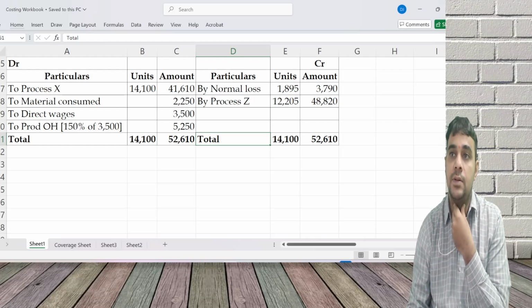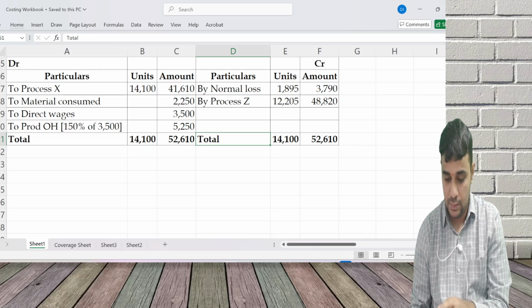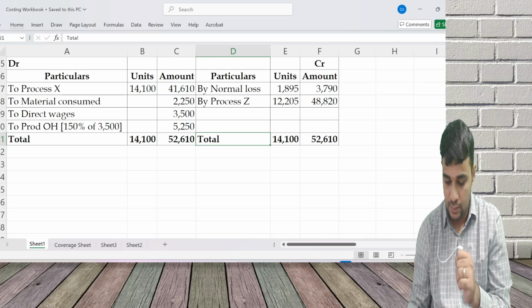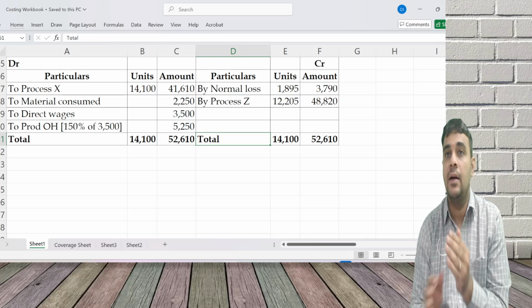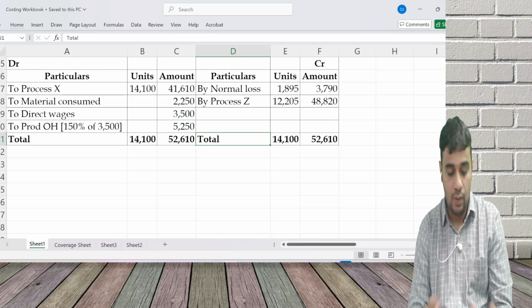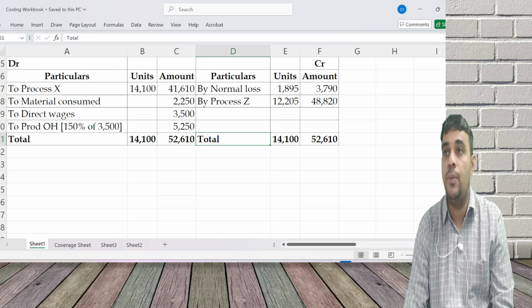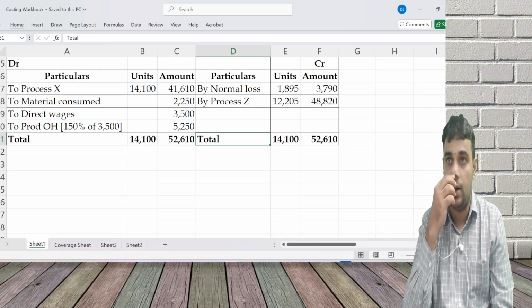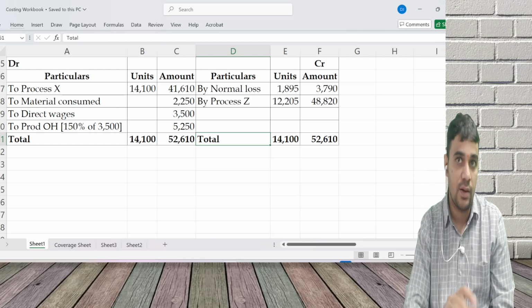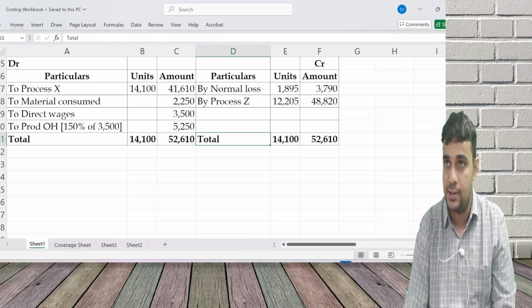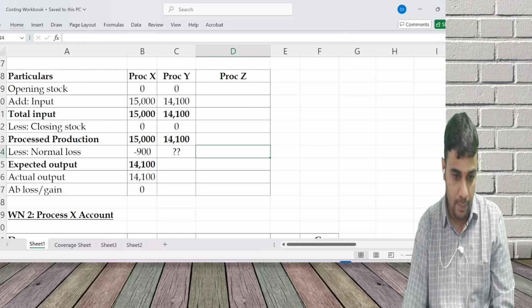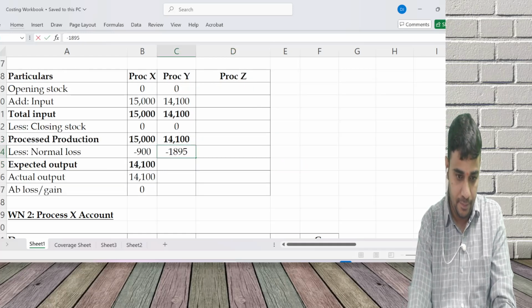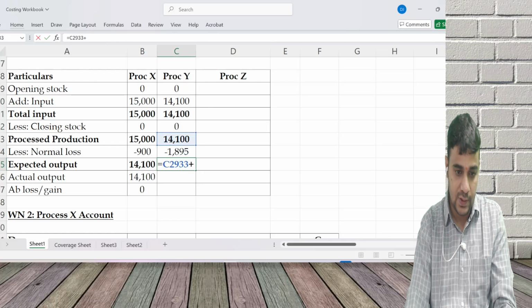Can you proceed? Done? Okay. Now I go to the input output statement. There also I'll explain the alternate approach which I had suggested, which will not work. The reason I'll explain there. Any doubts till this first? So we come up with 1,895.